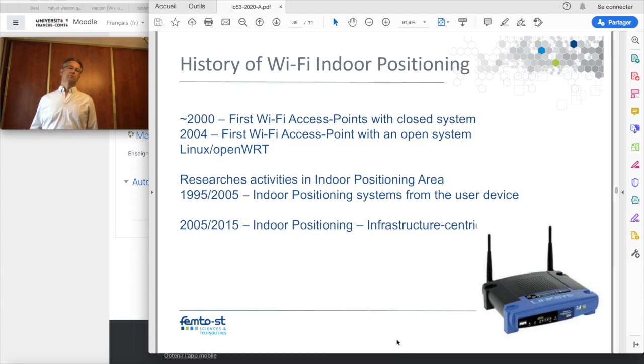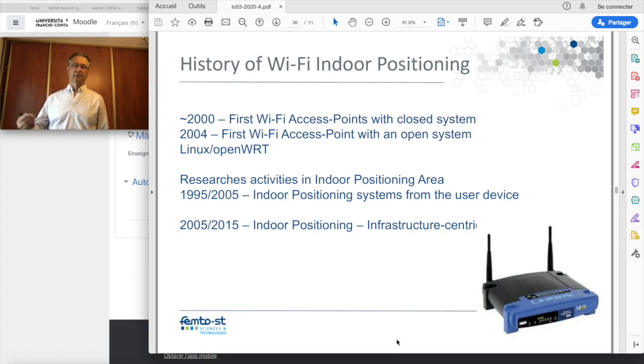So what about Wi-Fi, which is an open frequency? Anybody can deploy a Wi-Fi access point. The first Wi-Fi access points could be used at the beginning of 2000, but they were a closed operating system.